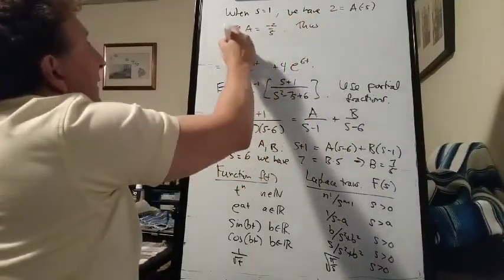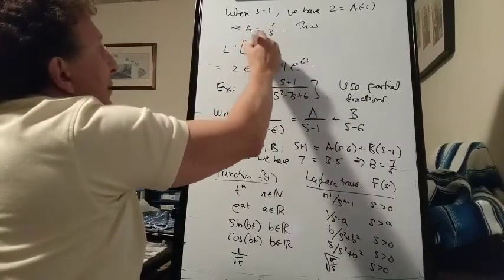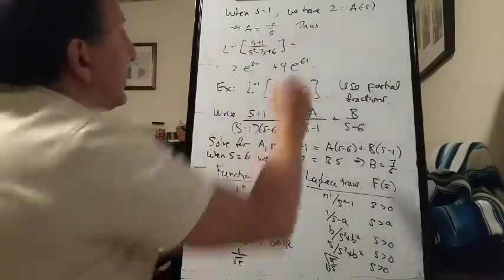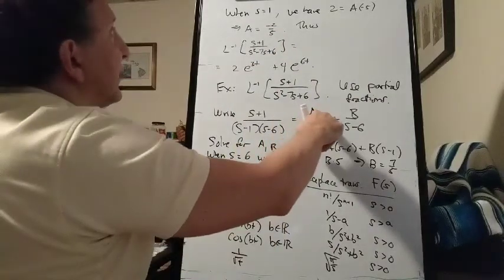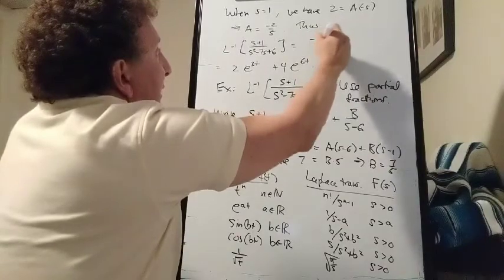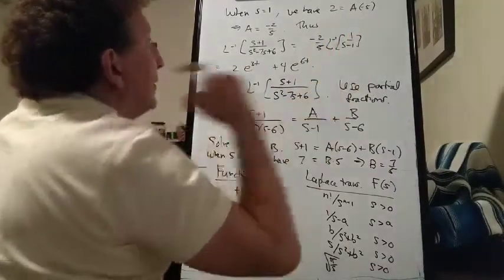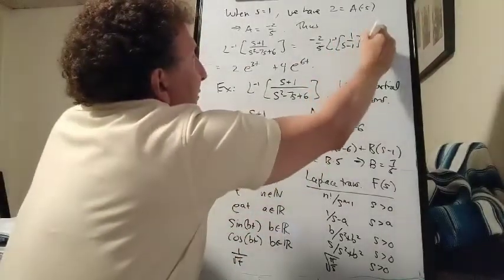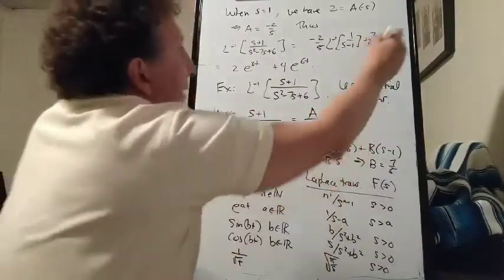So that means that L inverse of s plus 1 over s squared minus 7s plus 6 equals, so a is negative 2/5, negative 2/5 L inverse of 1 over s minus 1, plus, b is 7/5, 7/5 L inverse of 1 over s minus 6.